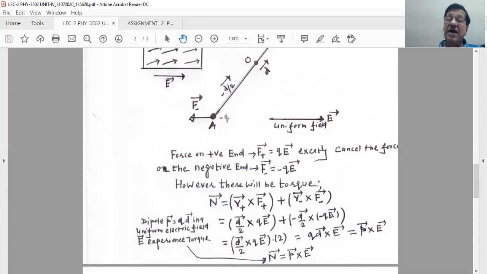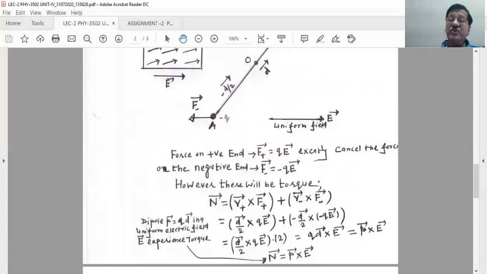Because of the torque, the dipole will rotate and your vector P, the induced dipole moment vector P, will align with the electric field, and because of this alignment your vector P becomes parallel to the applied electric field. This is the point which we will use frequently for many numerical problems here.